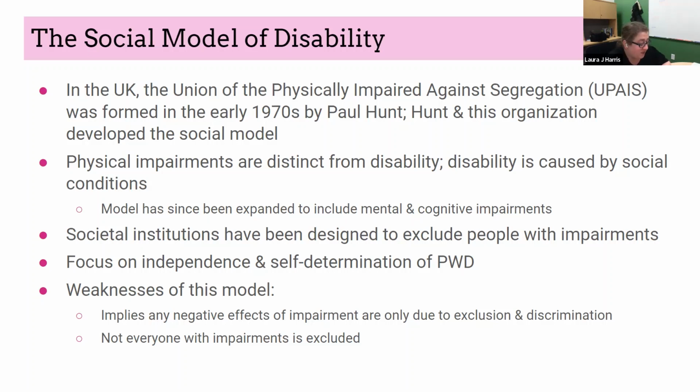The main idea of this model is that the impairments are different from the disability. The disability is caused by the social conditions, and these social conditions have been designed in a way to exclude people with impairments. There's a big focus on self-determination and independence of people with disabilities.